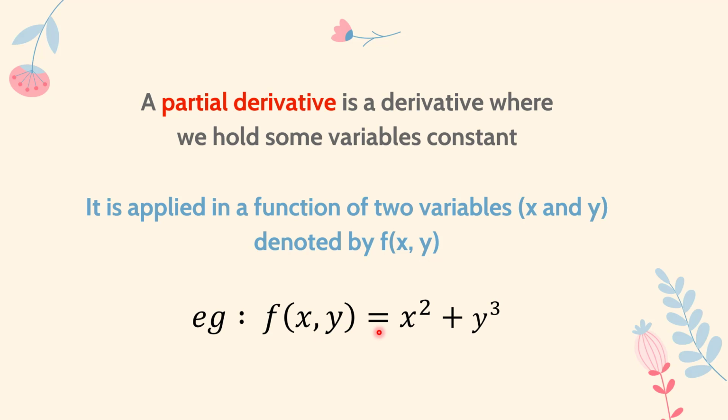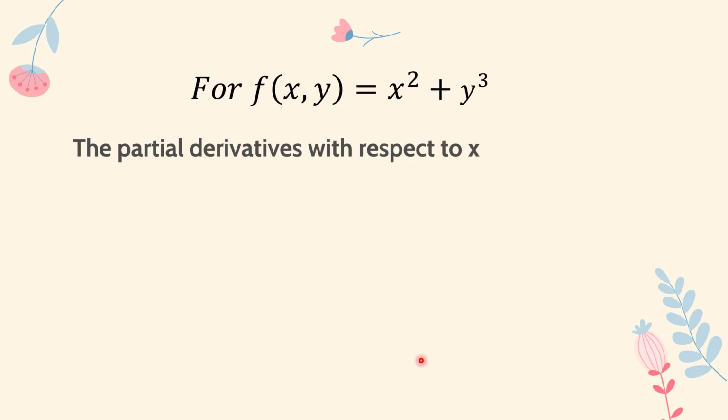For example, here we have the two variables x and y in the same terms. So for this case, what is the partial derivative if we want to differentiate it with respect to x?